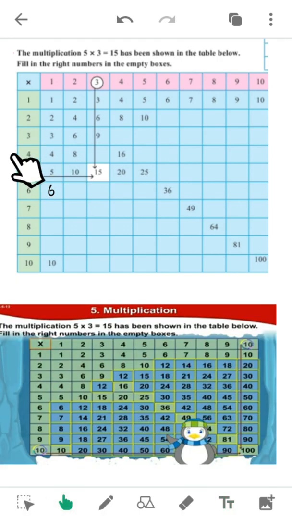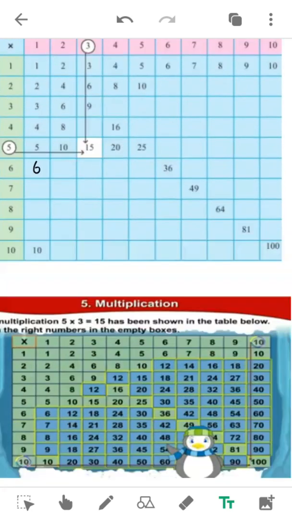Next, 7 1s are 7. I have already written it in the next table, so look at this next table. 7 1s are 7, 8 1s are 8, 9 1s are 9, and 10 1s are 10. Okay, so we make the one times table.